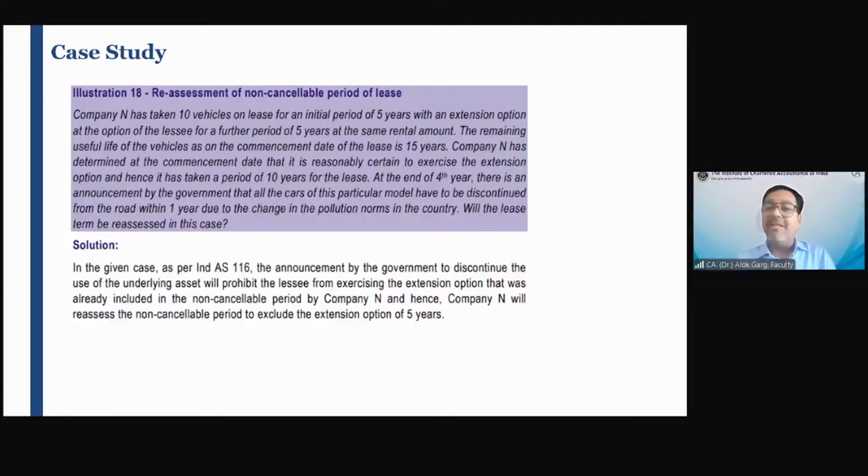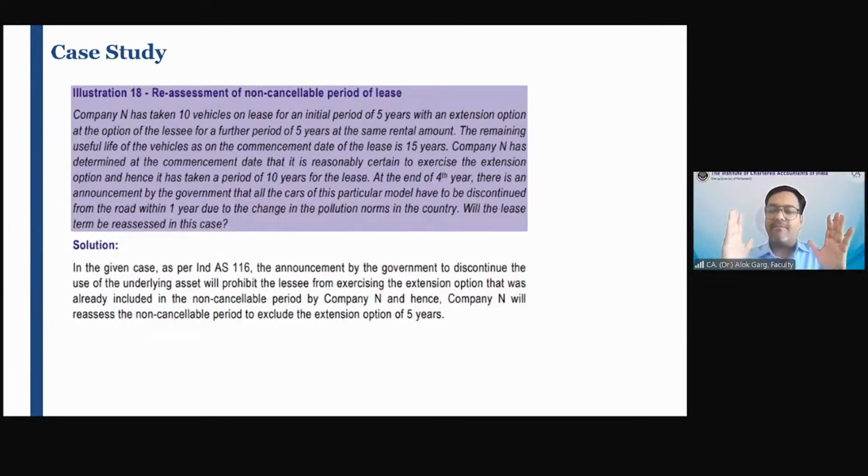And when I de-recognize, I will debit my liability. What will I credit? If I have the right of use asset, I will credit my right of use asset. Let's say I am debiting my 400 rupees of lease liability and I have the right of use asset to the extent of 350 only. Then I will credit right of use asset 350 and I will credit 50 rupees in the P&L, right?